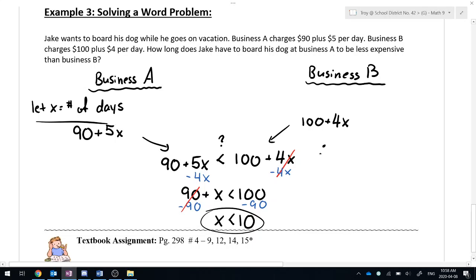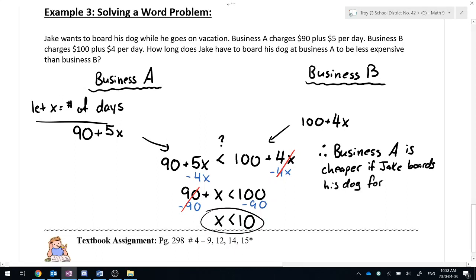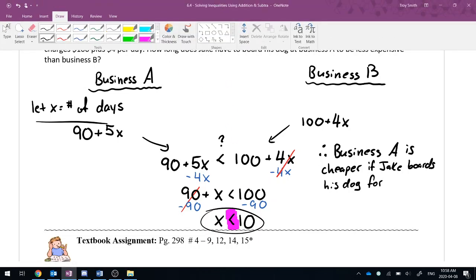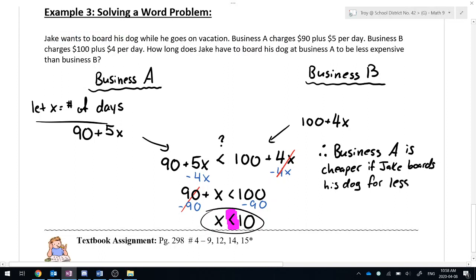Okay, so I'll say therefore business A is cheaper if Jake boards his dog for less than 10 days.